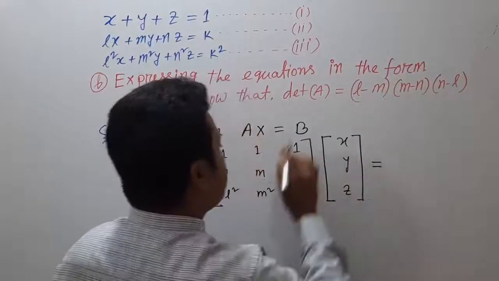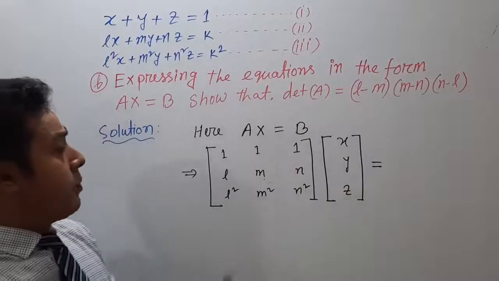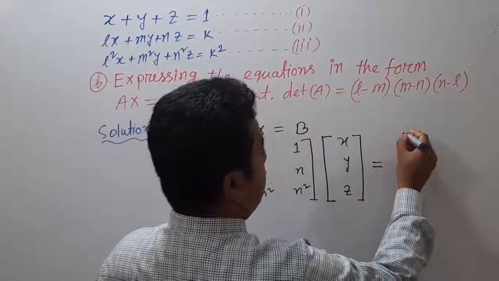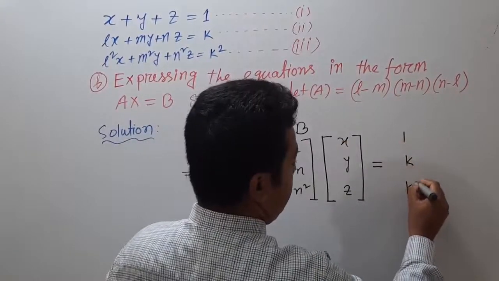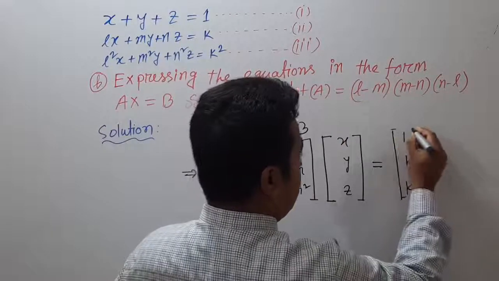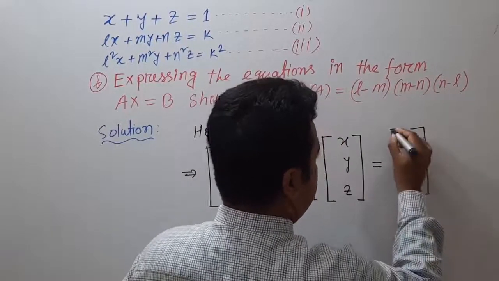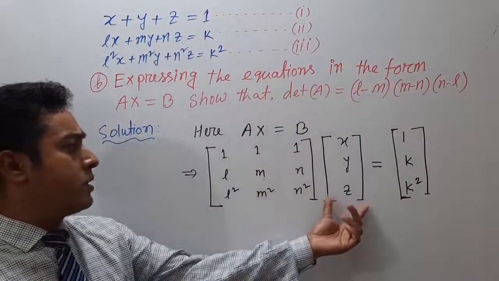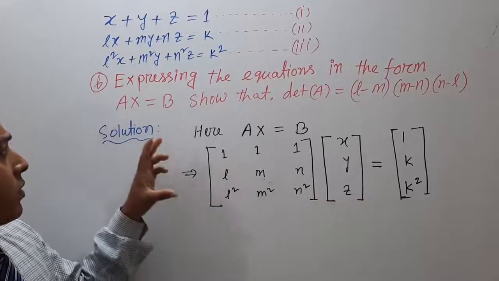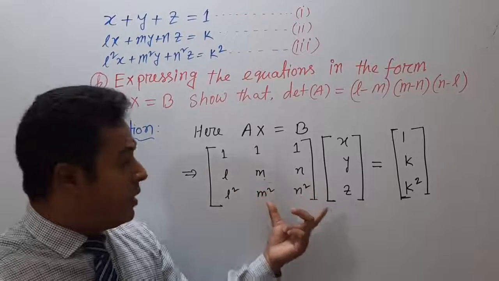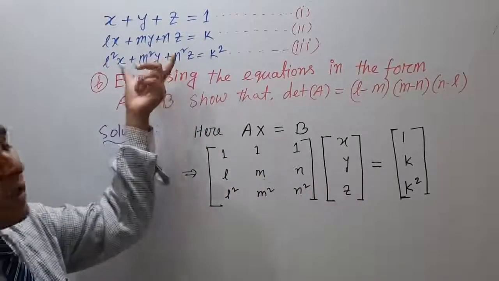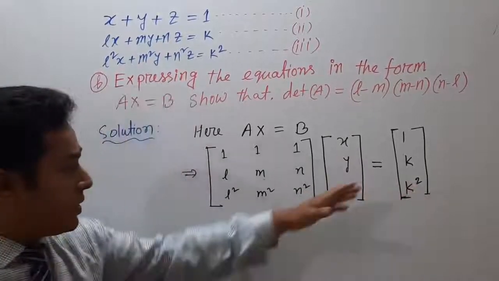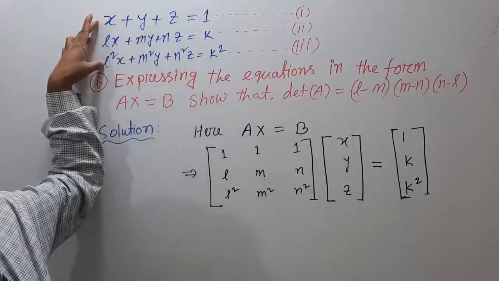B is also a matrix created by the constant terms. If the multiplication of the two matrices gives the left hand side of the system of linear equations, and this is another matrix, then by equating the two matrices we will get this system of linear equations.